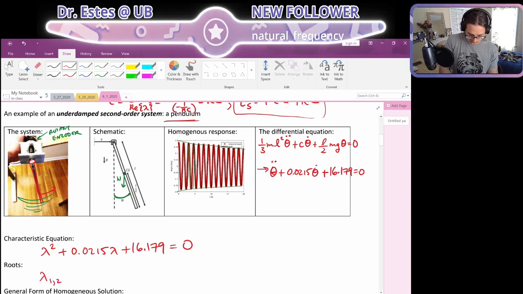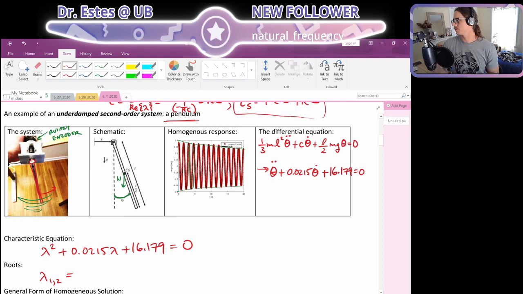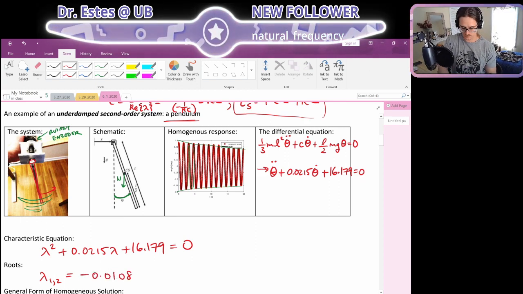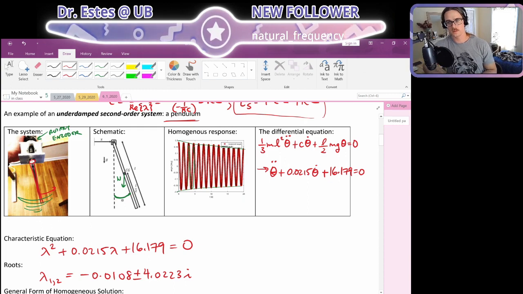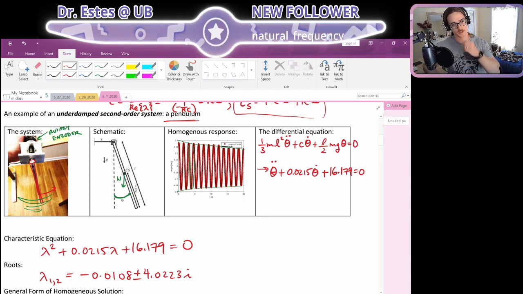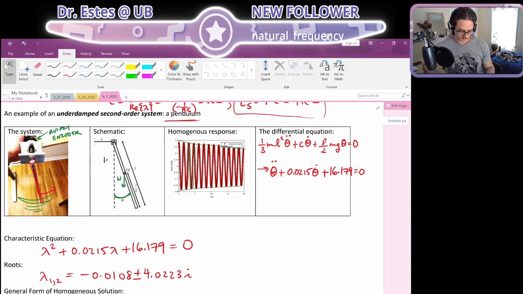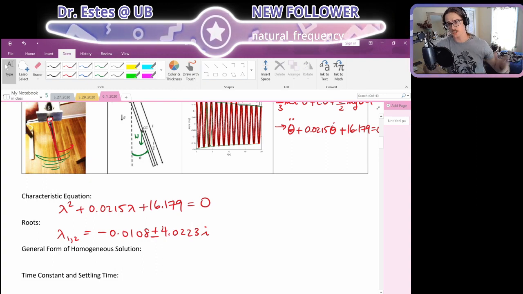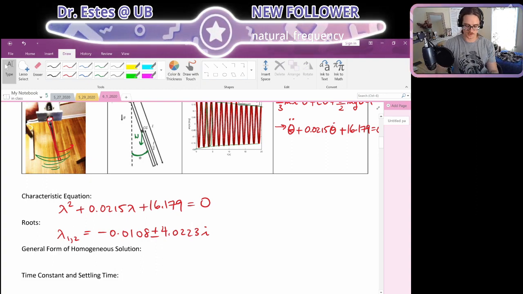If you solve for the roots, you can just use the roots command in MATLAB to get that. You get this. So now we don't just have one root, we have two, and it's a complex conjugate pair. And now this is just like the fifth problem of homework 2.